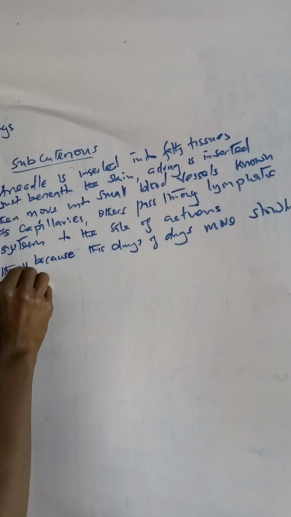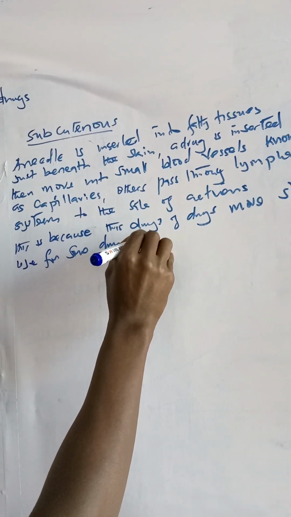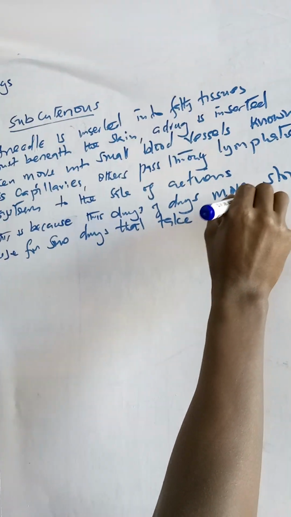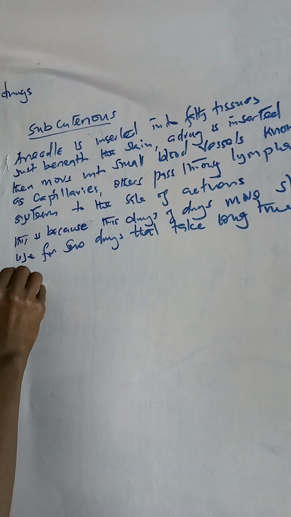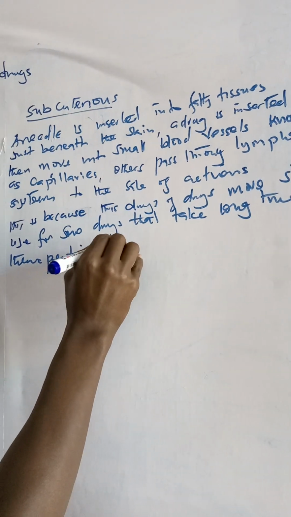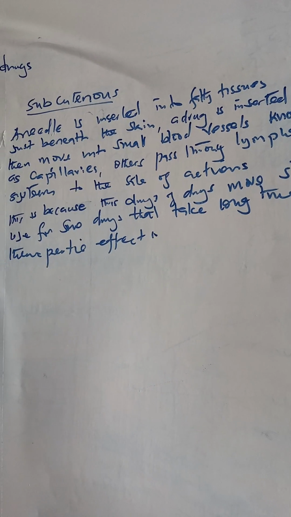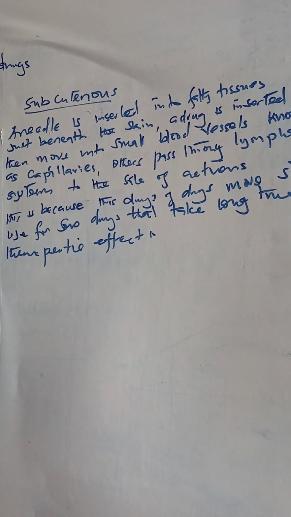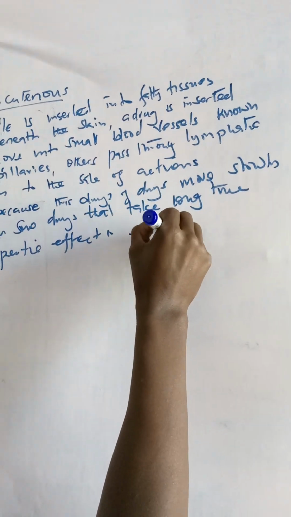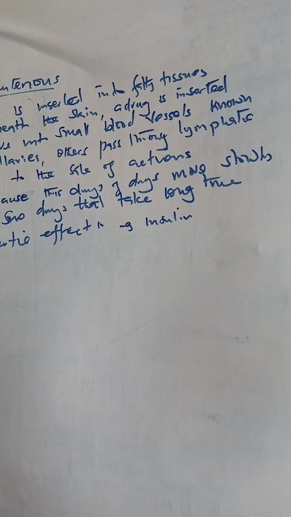An example is insulin, which is used for treating diabetes.